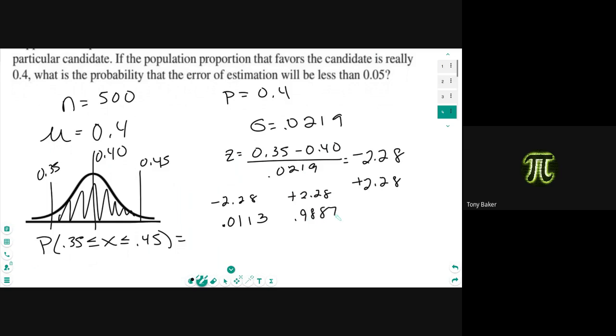All right, so what do I got to do to these two numbers? I'm going to subtract them, because in essence, this piece over here is that part right there. So I'm going to subtract that off of the other one, which is going all the way over to there.